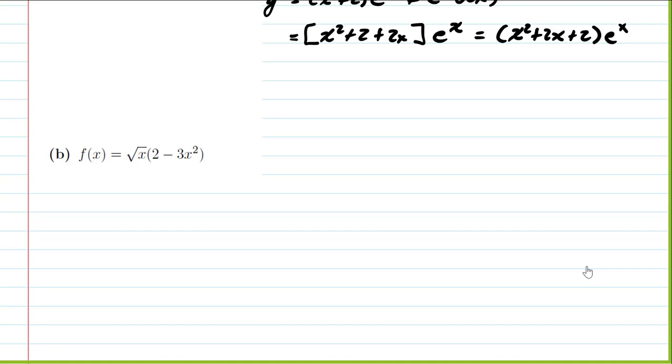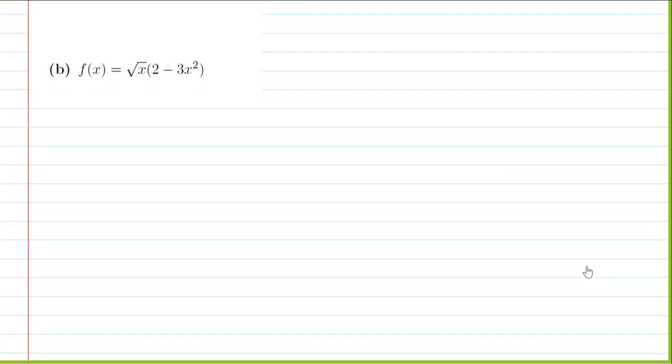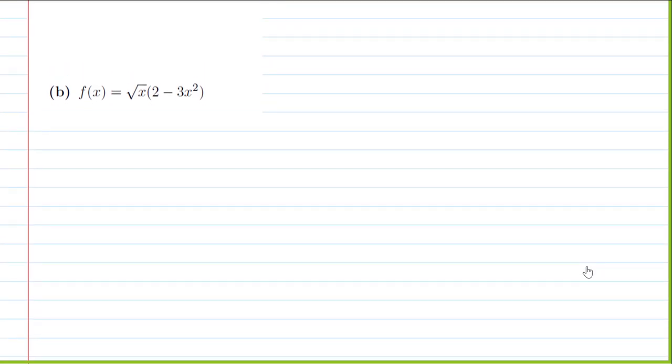So example B, we look at it, what would we identify as f, and what would we identify as g? Well, our f is going to be the square root of x, but we can't differentiate the square root of x. We have to use our fractional exponent rule to write it as x to the 1/2 power. Then we can use the power rule to take its derivative.